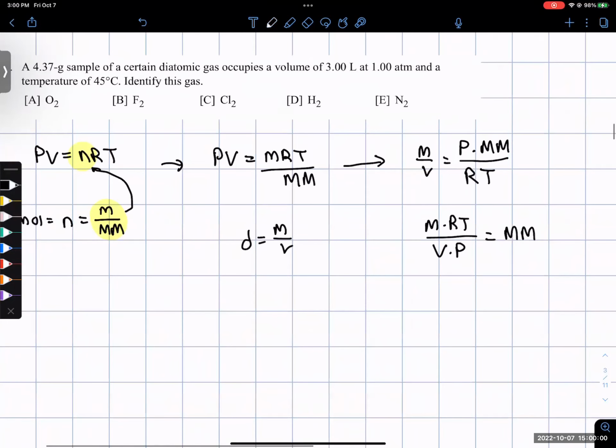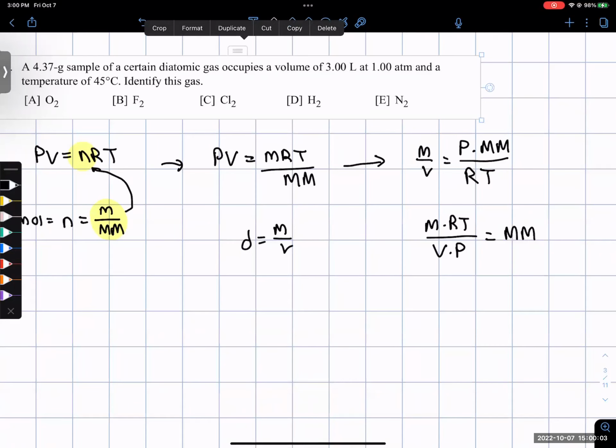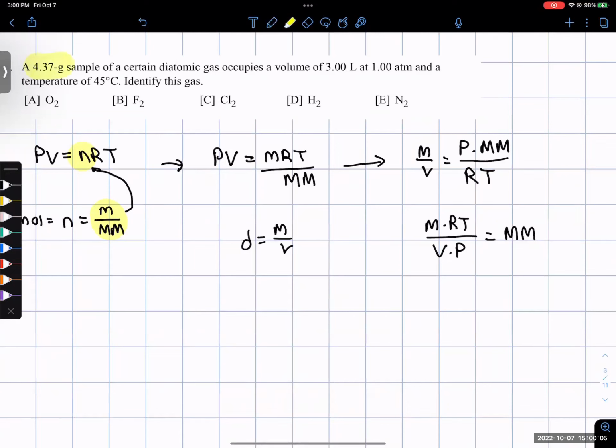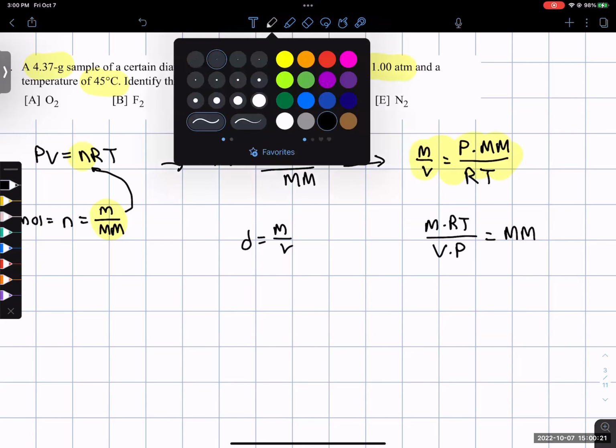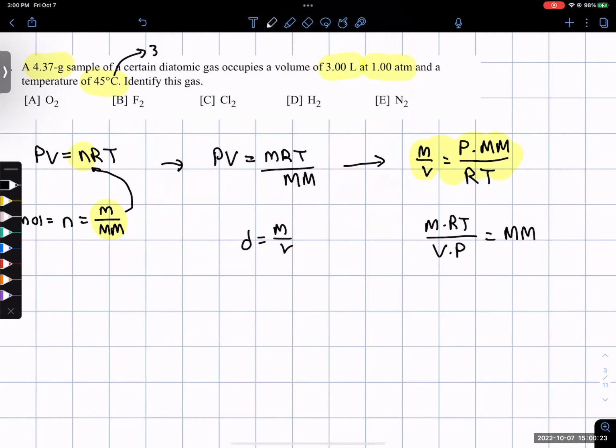If we plug in everything we have, it told us there's 4.37 grams in a 3-liter container with 1 atmosphere, and at a temperature of 45 degrees Celsius, which when we convert that to Kelvin, it's 45 plus 273, which is 318. So I'll write that.